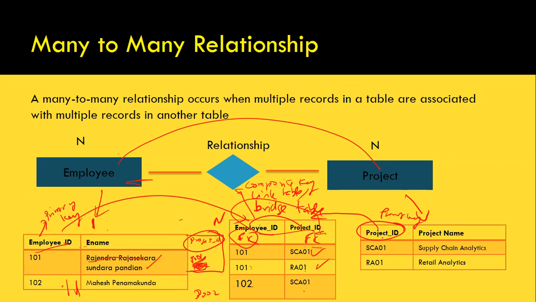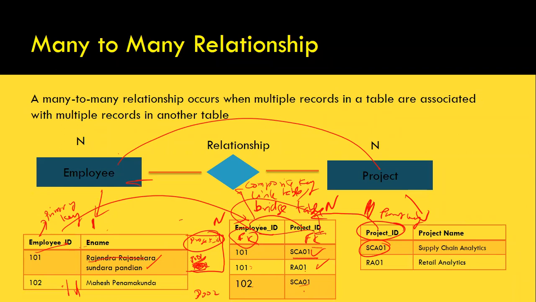Here also you have one to many. For each project you have only one record, but many records here. For example, SCA01: here you have only one record for SCA01, but for SCO01 we can see more than one occurrence, because more than one employee is working on SCO01.